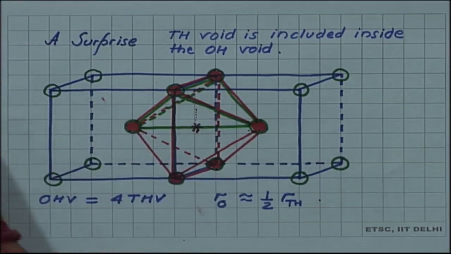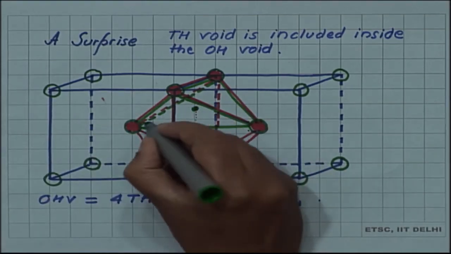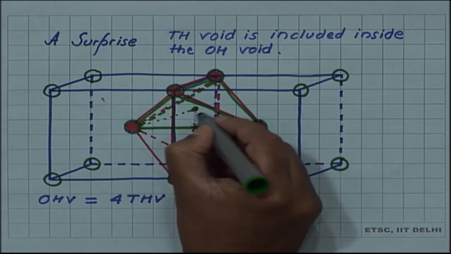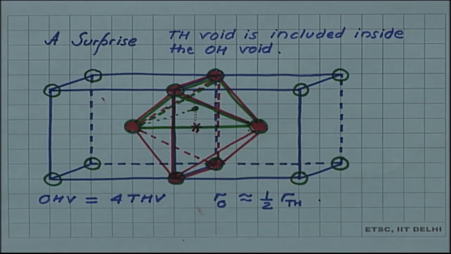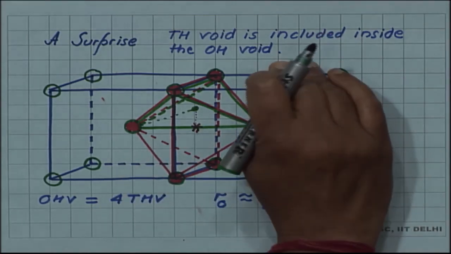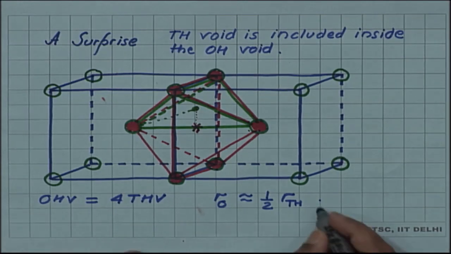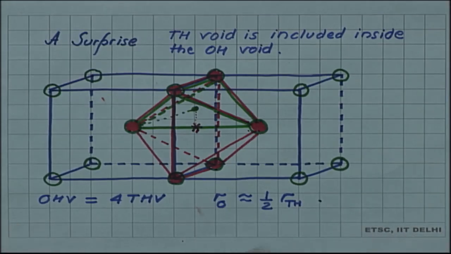So, that was located slightly above, which made this distance larger. So, a larger atom could be fitted in the tetrahedral void as opposed to the octahedral void, despite the fact that the tetrahedral void is included in the octahedral void and the volume of the octahedral void is 4 times the tetrahedral void. So, with this we end the discussion on voids.